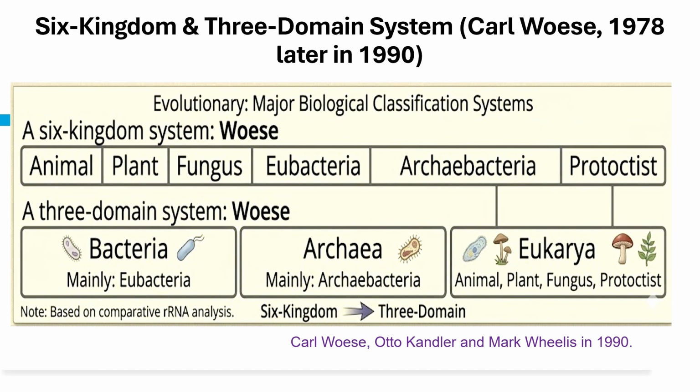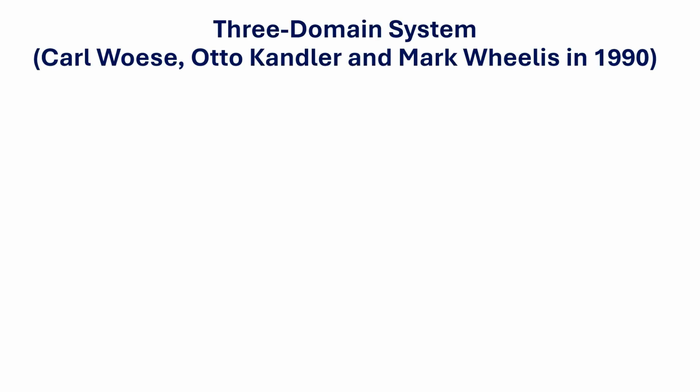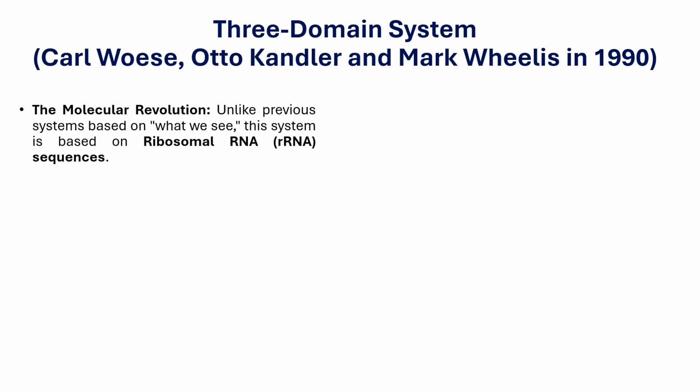This led to the three domain system, which is the highest level of classification. So instead of five kingdoms, we now start with three massive domains that sort all life based on their fundamental molecular structure.